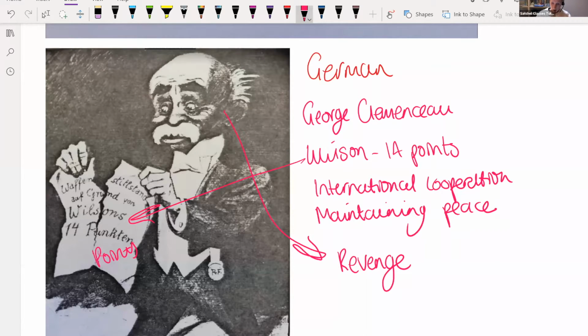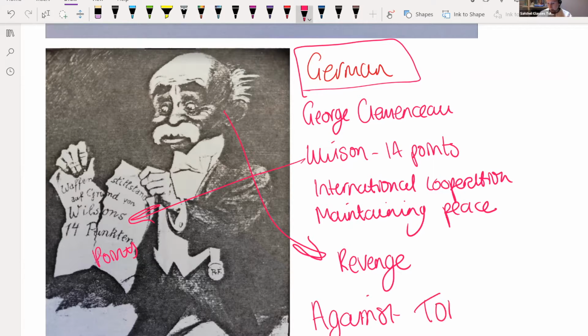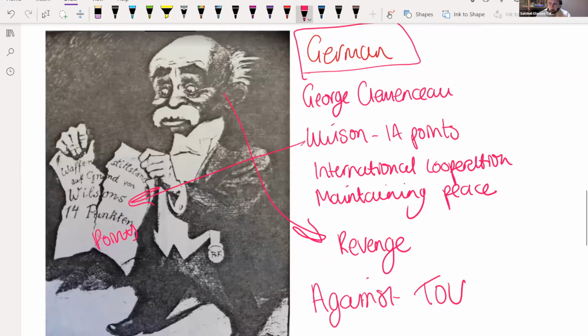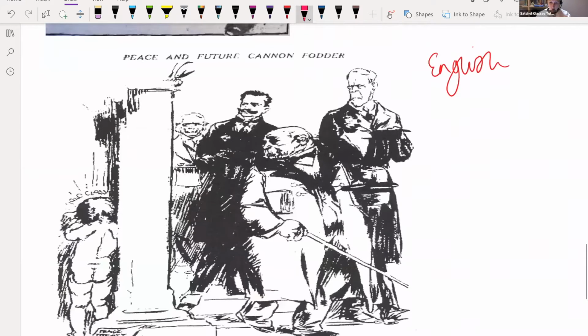And this is a German cartoon, which is saying, look, this is obviously a lot better. Clemenceau obviously has it in for us. So again, this is against the Treaty of Versailles, because if they'd gone with Wilson's 14 points, it would have been much more lenient towards Germany.